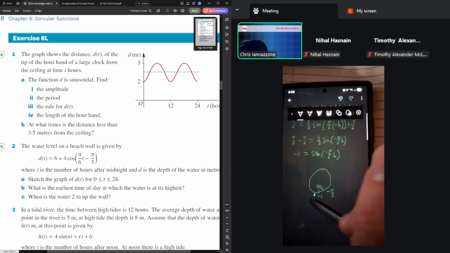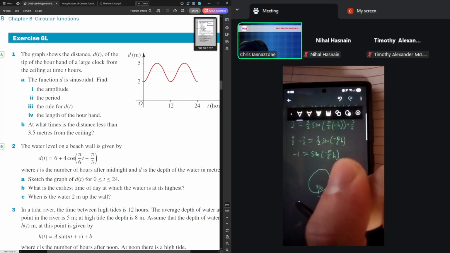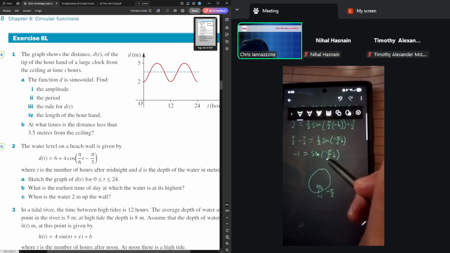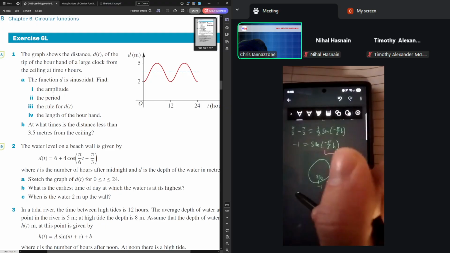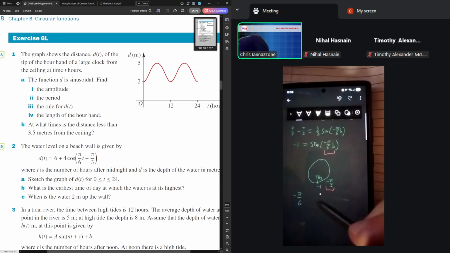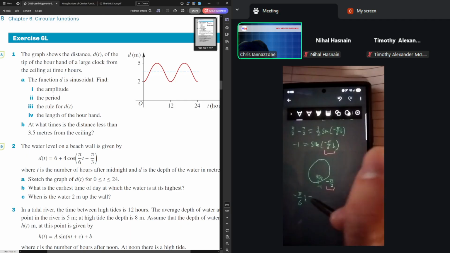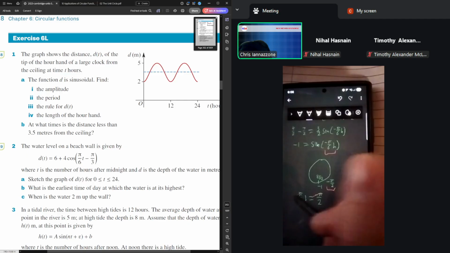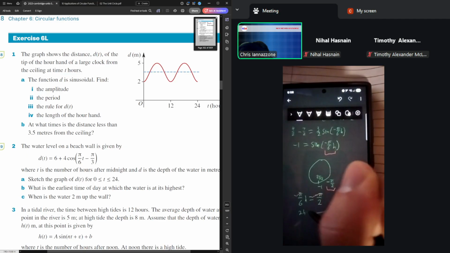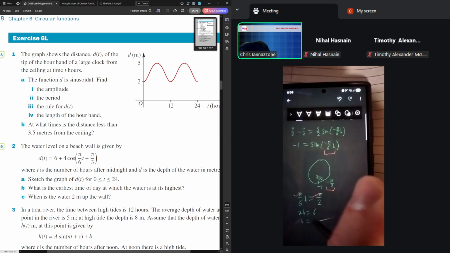Just because I've already got a negative in here, I think I'll do the -pi/2 just so things cancel out. So essentially, this thing in here is the same as that. Minus pi on 6 h is equal to minus pi on 2. The negatives and the pi's are going to cancel, cross multiply, 2h equals 6, h equals 3.